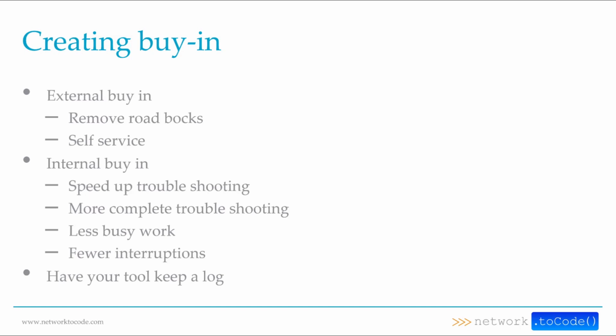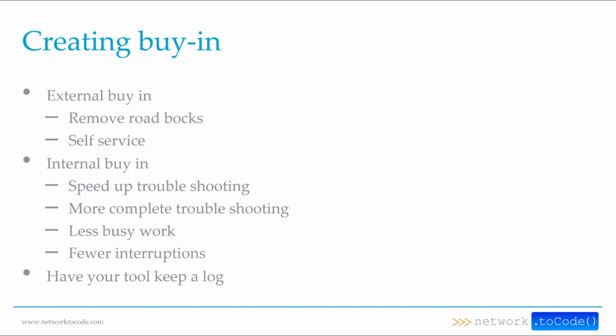So those are some of the things you could do to increase your buy-in. For the external buy-in, we've built some self-service tools so that they don't have to fill out tickets and interrupt you. For internal buy-in, we sped up our troubleshooting. We have more complete troubleshooting as the program won't forget step 3 on the 18th device that you hit.